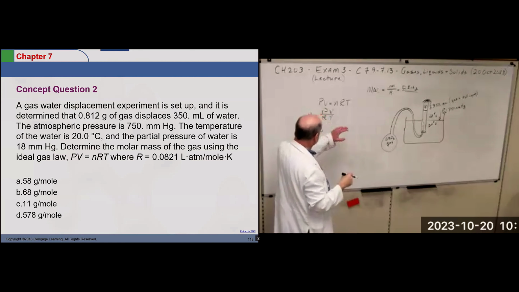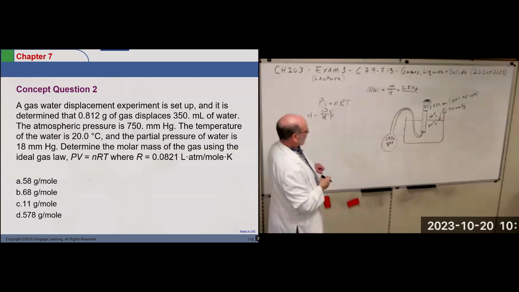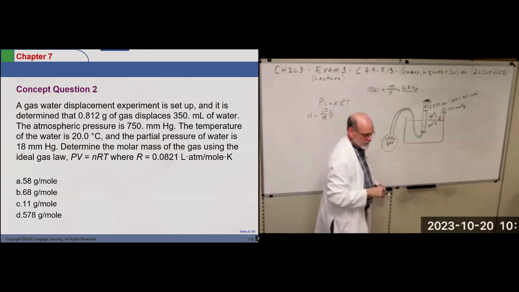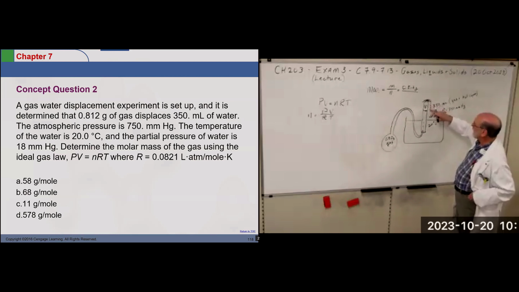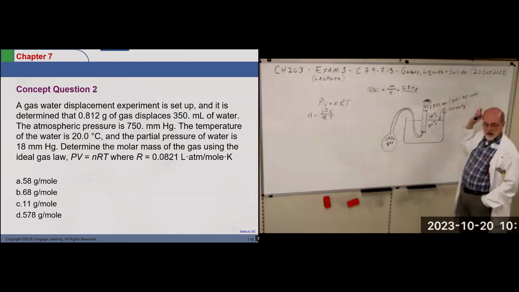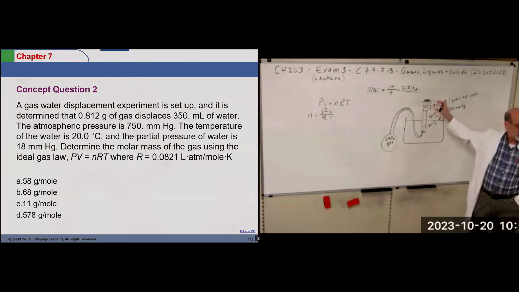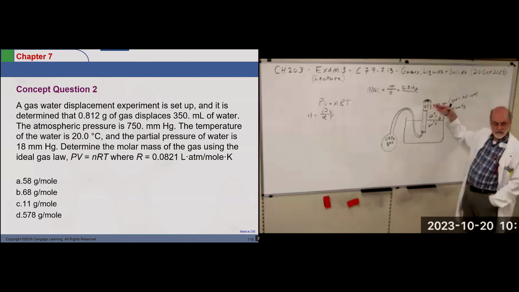All right. Do we have everything we need here? Well, let's see. What we have is the volume. The volume is gas and water. But if we take the water vapor out of it, what's going to happen to the volume? If we take the water vapor out of it, the volume should decrease.